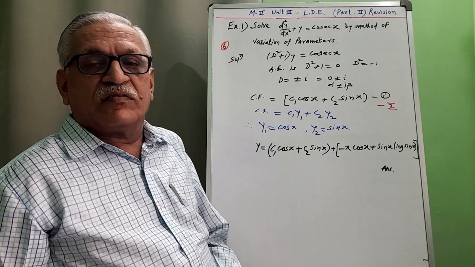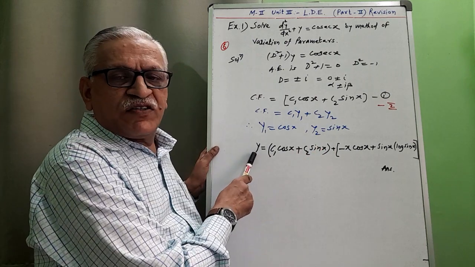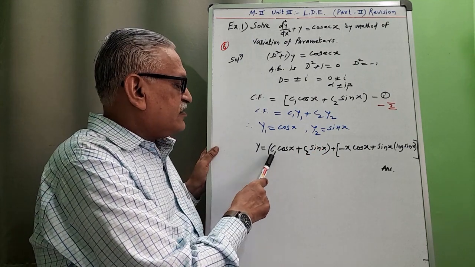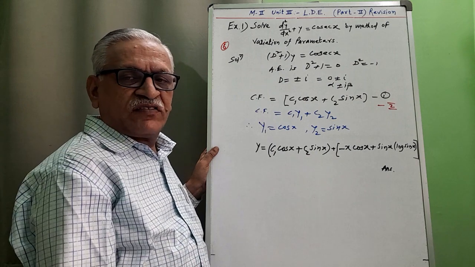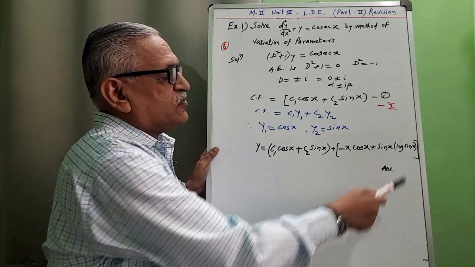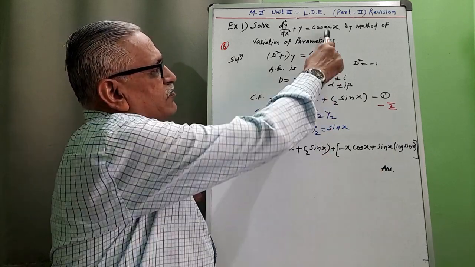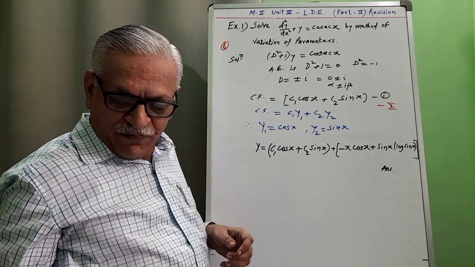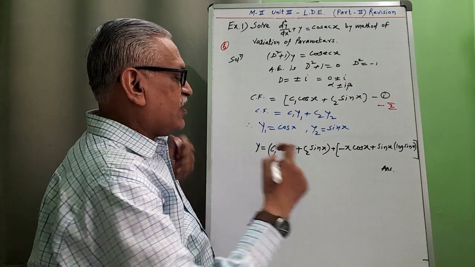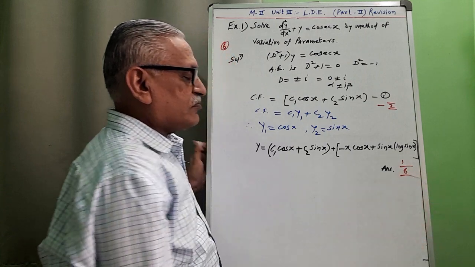Substituting values of CF and PI, we get the complete solution for y as C1 cos x plus C2 sin x plus PI, minus x cos x plus sin x into log of sin x, as the required solution obtained by method of variation of parameter. And for this last step, again 1 mark, therefore total 6 marks.